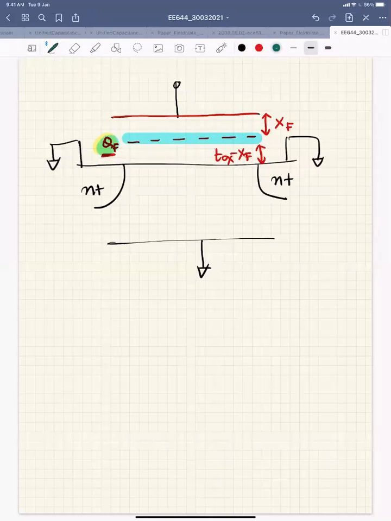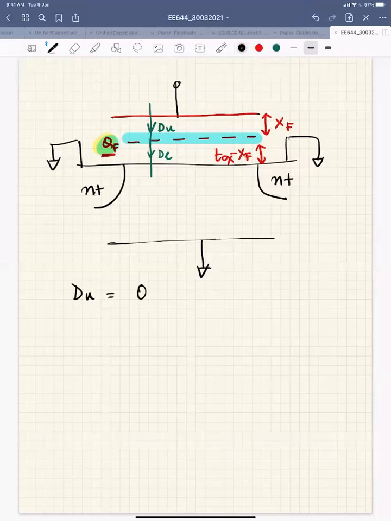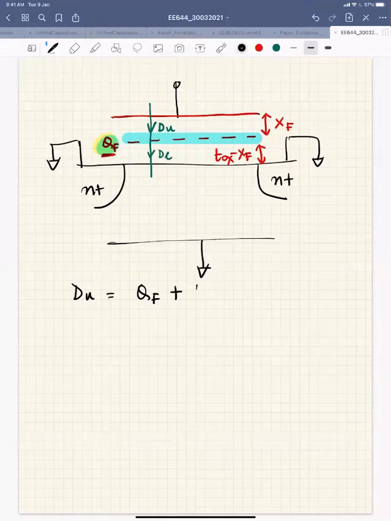let's say I have my flux lines, and let's say this is dU and this is dL. I could write down that dU is equal to QF plus dL, right?